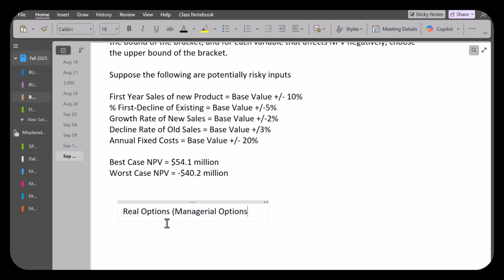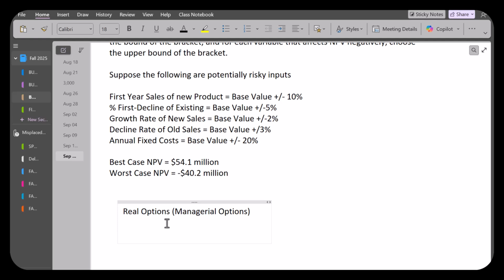Based on the base case scenarios, I have an NPV of $5 million positive. So let's say I accepted the project, and 1 year from today, I'm going to get a realization of what that first year sales number is going to be. I estimated that to be 90, but let's say it turned out to be 81. To make things simple, I'm not going to change anything else.